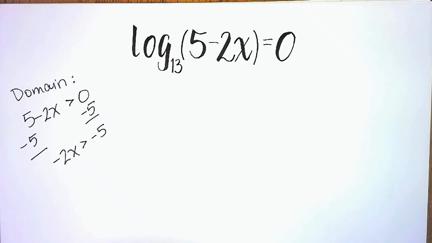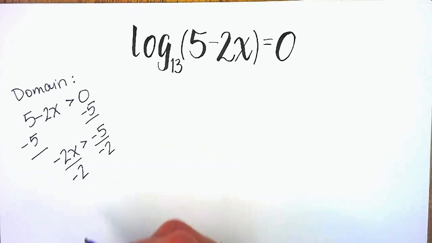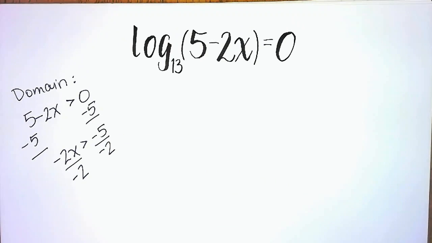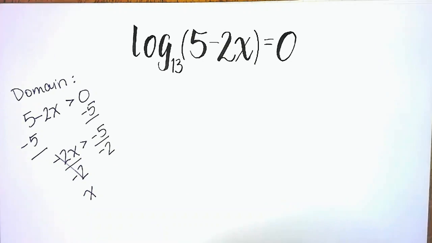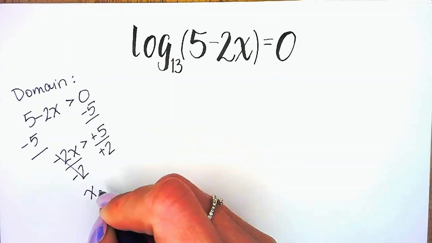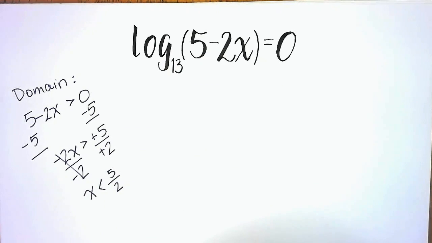What do we do now? We divide both sides by -2. What do we get for the next line? X is less than 5/2.